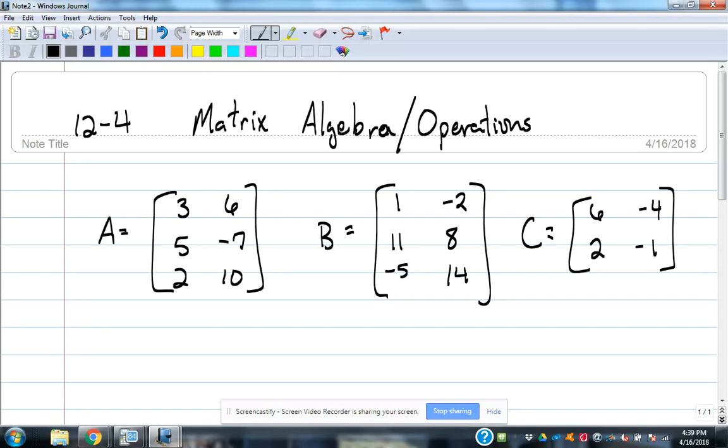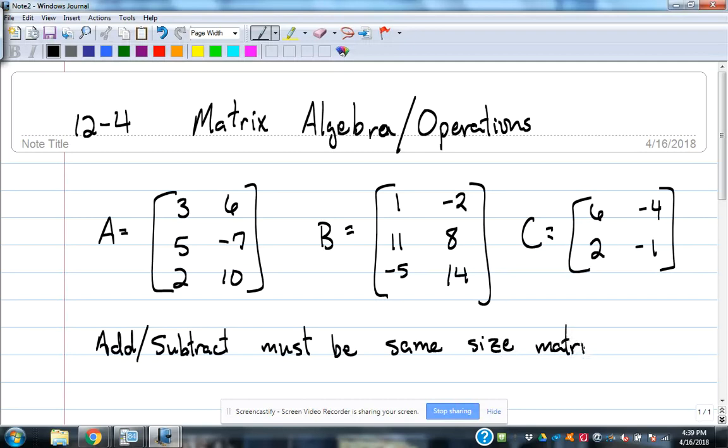The rules for addition and subtraction are different than the rules for multiplication. To add or subtract matrices, which is the plural for matrix, they've got to be the same size.